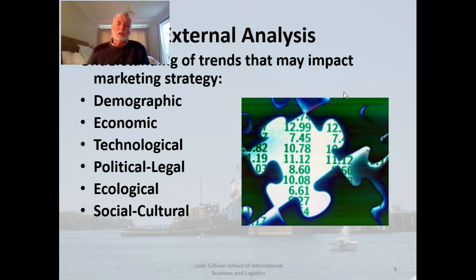All sorts of issues. Then we also may want to look at the overall economic situation. So we go back to that tugboat there. What's the economic situation in the port I'm operating in? Is the port growing? Is the port shrinking? Are there more and more ships coming in, or fewer and fewer ships? Is the type of ship that's coming in changing?